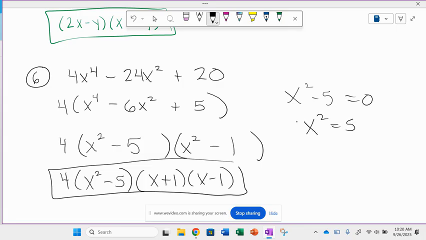So x squared equals 5, and then x will equal plus or minus root 5, but the factor would still be x squared minus 5. So it wouldn't be the radical part of it. But we're not there yet. That's next chapter. Actually, that's not even next chapter. I think that might be the end of this chapter? I don't know, but we're not there yet.